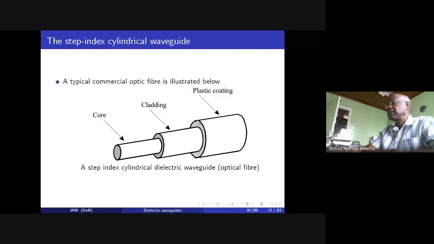They usually have a yellow plastic covering for protection. Then this would be a lower refractive index cladding for the fiber, and that is the core of the fiber. So this will be a step index cylindrical dielectric medium, or a waveguide, or the optical fiber.